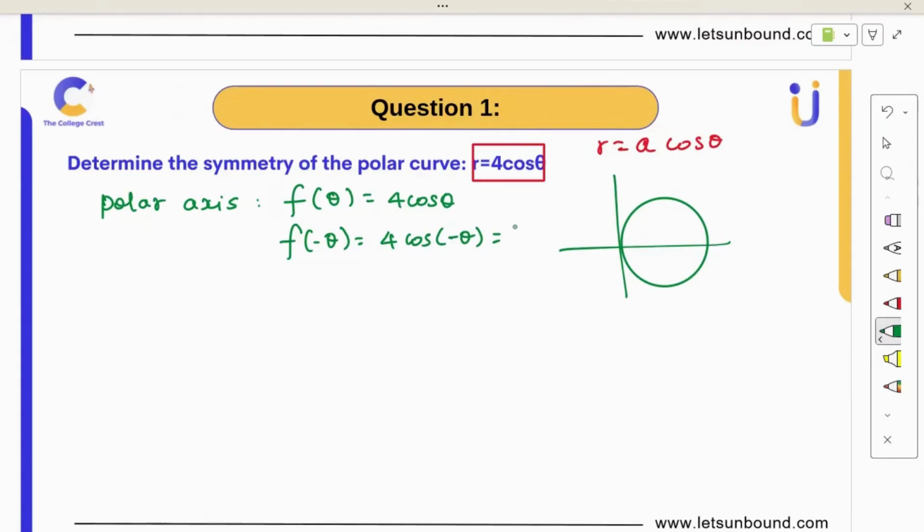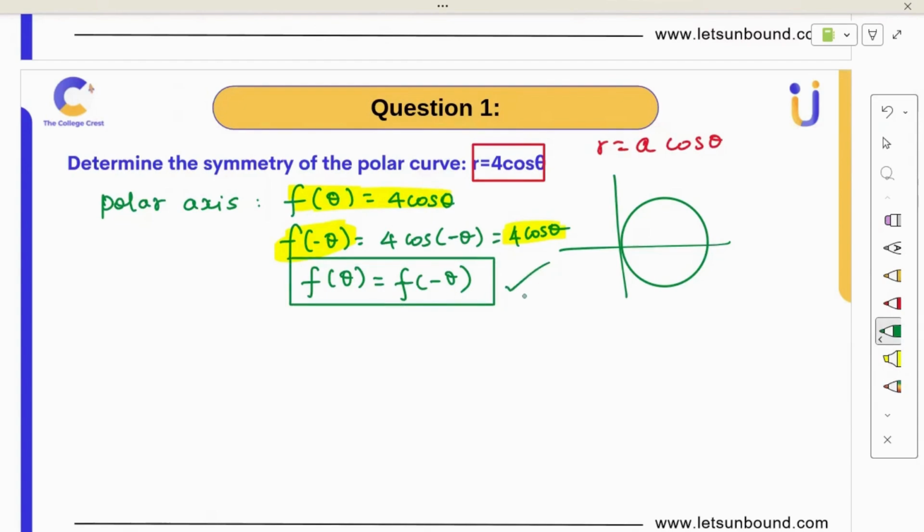In the fourth quadrant, cos is positive, so 4 cos theta. And yes, f of theta and f of negative theta are the same, 4 cos theta, so they are equal. If f of theta equals f of negative theta, then I will say yes, that is a polar axis symmetry. Okay, the curve is symmetrical about the polar axis, meaning the x-axis.